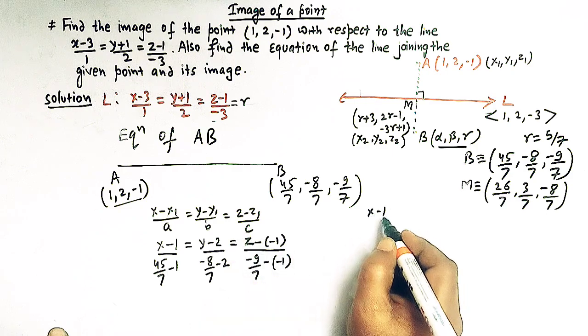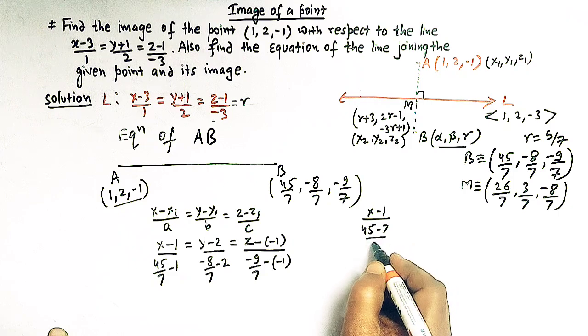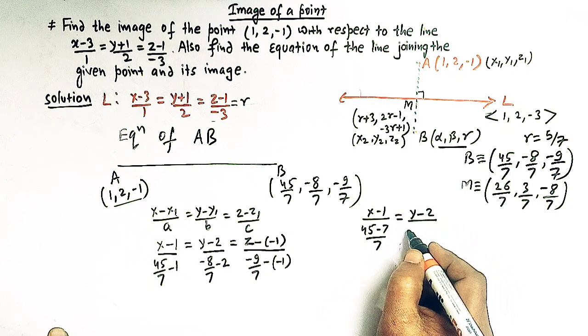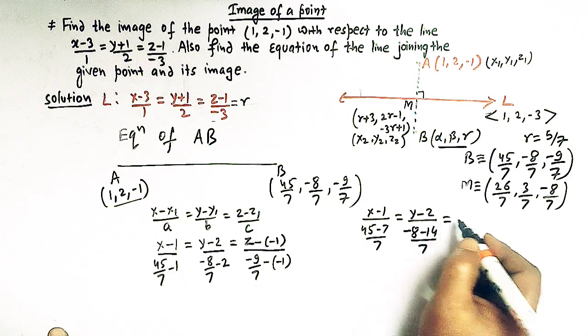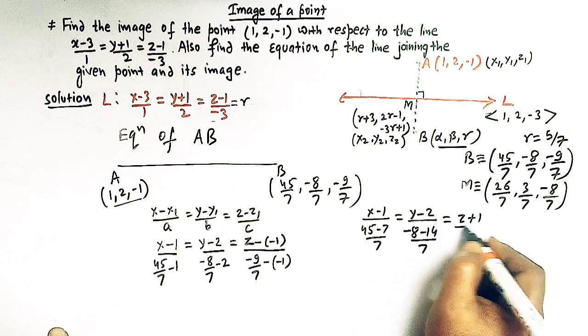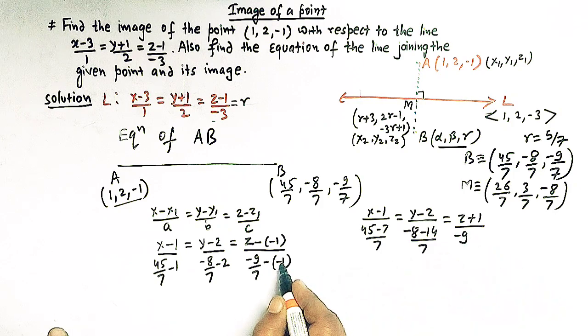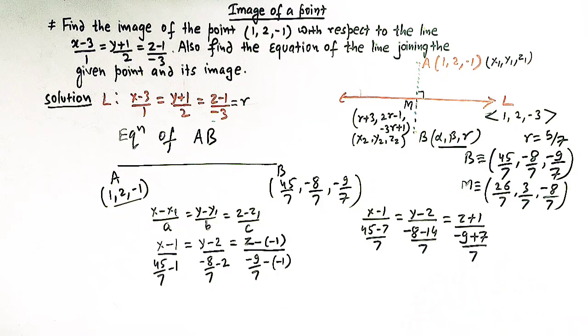So we have x minus 1 over 45 minus 7 over 7, then y minus 2 over minus 8 minus 14 over 7, and then z plus 1 over minus 9, and here it is positive, so we have plus 7 over 7.